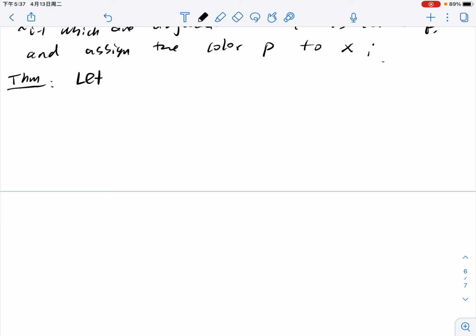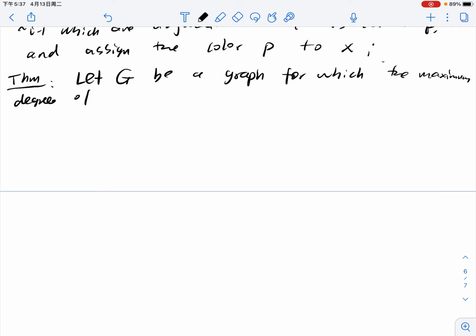So here we have a theorem which says that under some condition, the algorithm will return a reasonable coloring. So let G be a graph for which the maximum degree of a vertex is delta. Delta is a number.